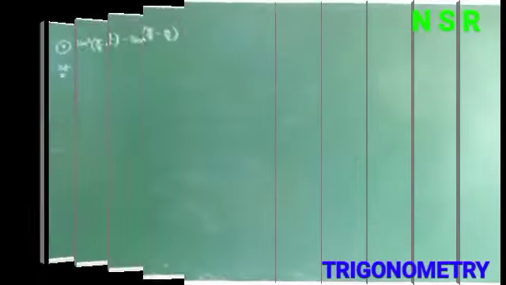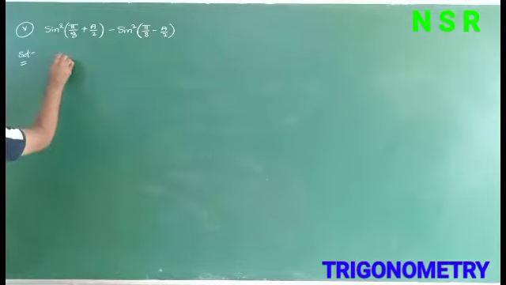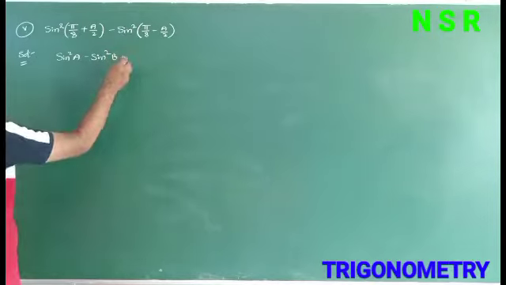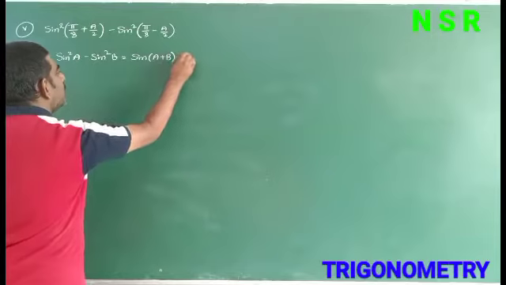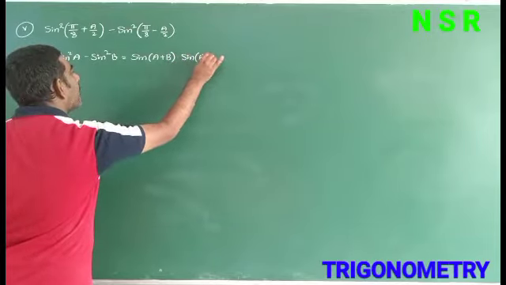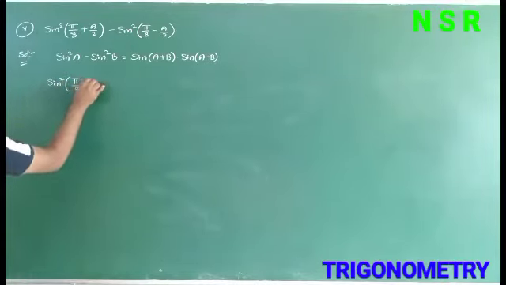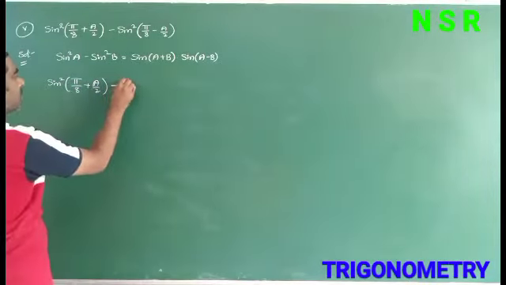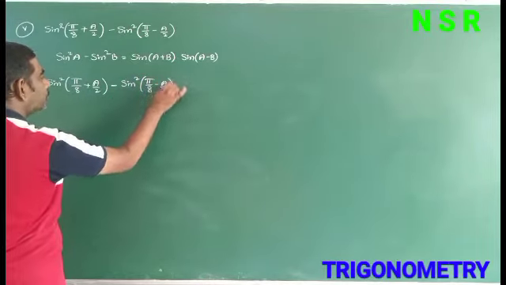So next, question number 5. Here also apply the same formula: sin square A minus sin square B equals sin(A plus B) into sin(A minus B). So write sin square(pi by 8 plus A by 2) minus sin square(pi by 8 minus A by 2).